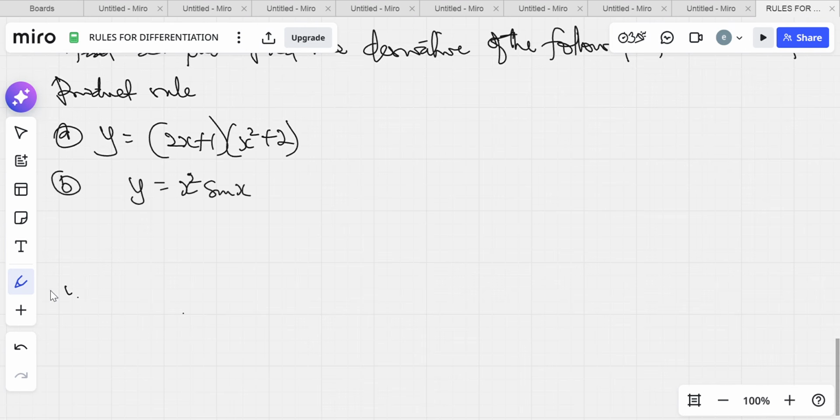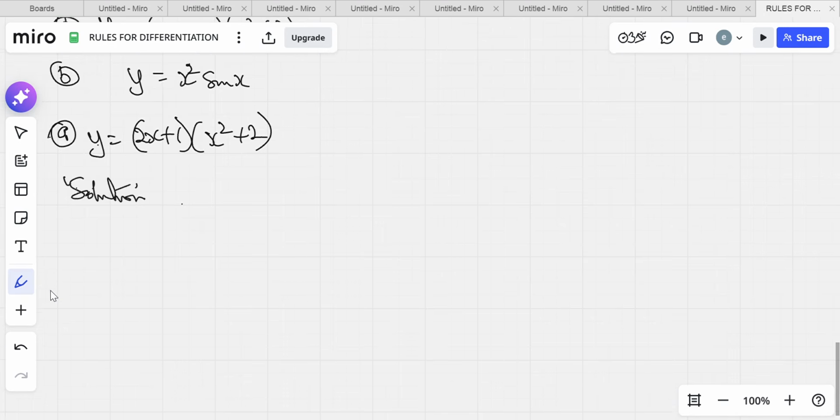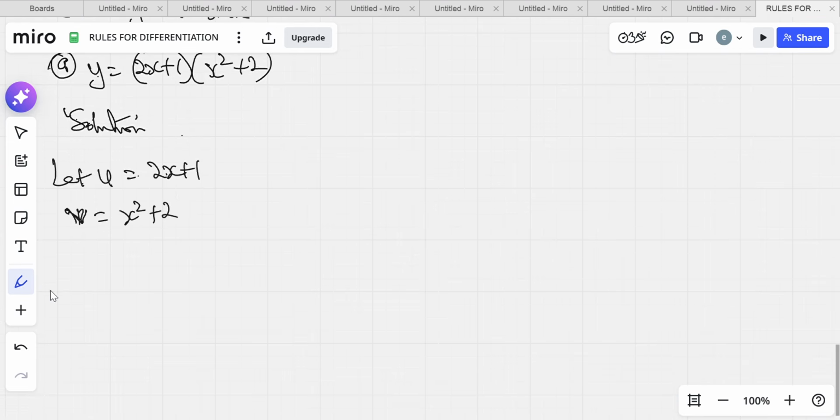Solution to a, having that y is equal to the product of 2x plus 1 and x squared plus 2. So u is 2x plus 1, a function, and v is equal to x squared plus 2, another function.